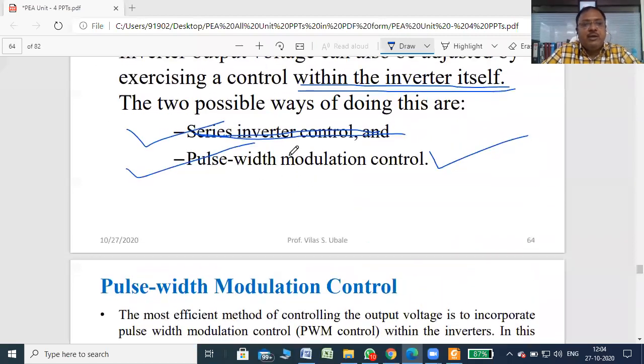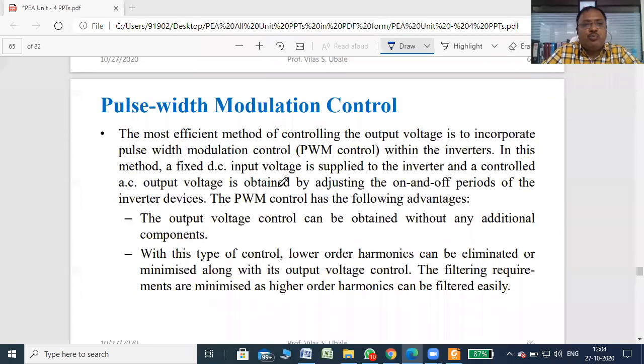This is a second technique in which you can control the output voltage of an inverter within the inverter. So no additional converter, controlled converter or uncontrolled converter or a chopper, etc. is required to control or to change or to get the variable output voltage from the inverter.